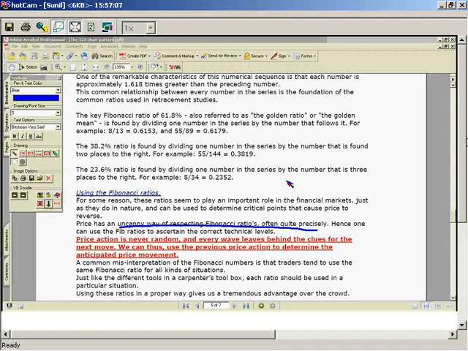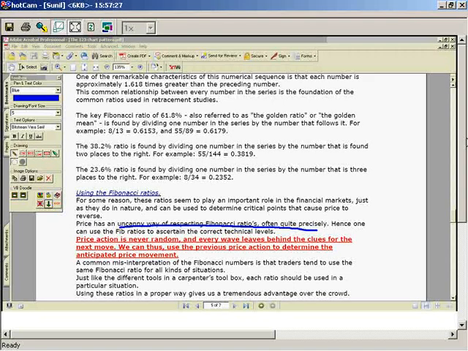I am looking for an edge, obviously. So if I find something which price respects, I will use it to the maximum extent. I always say price action is never random. Always look at price action. Every wave will give you clues. You can always use the previous price action to determine the anticipated price movement.